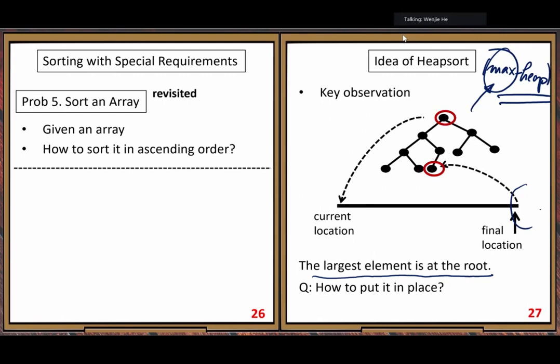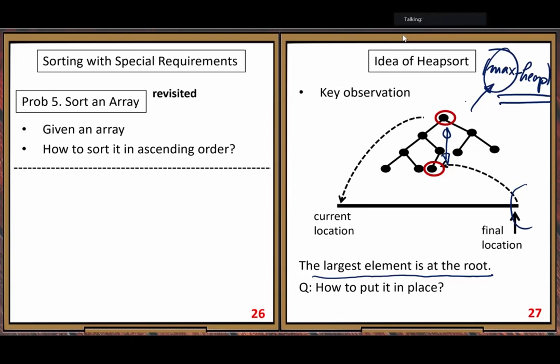We need to run the max heapify operation to recover the max heap property. Because we only do one swap operation between these two elements, all the other elements we do not touch.